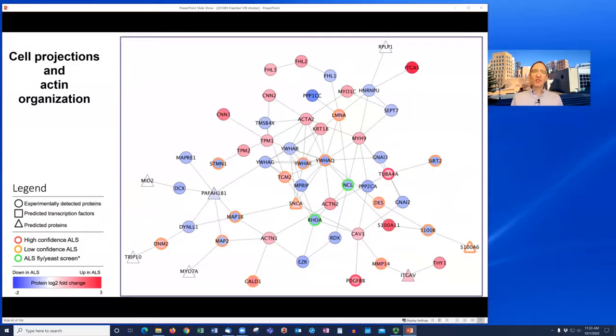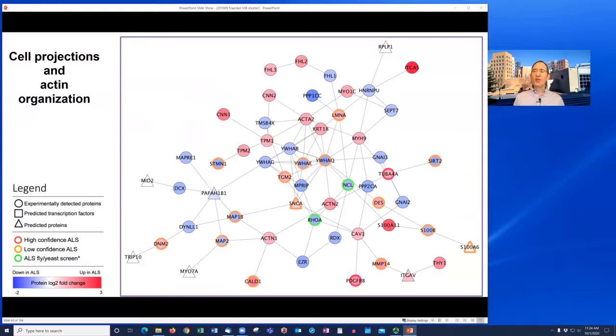One aspect of the network that struck us as quite interesting was about actin organization. One of the things I mentioned previously is that there are a lot of different proteins that can cause ALS. So mutations in almost 30 different genes, any one of which can cause ALS. The samples that these were taken from were patients who have the C9orf72 mutation.